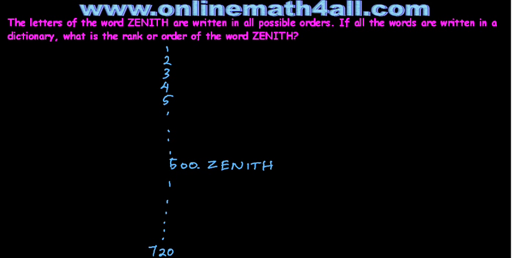A dictionary always lists words in alphabetical order, so we write all the 720 words in alphabetical order. When we write all the words in alphabetical order, where does the word zenith come? What is the position? If zenith comes at the place of 500, the rank or order of the word zenith is 500. In case it comes at the place of 400, the rank of the word zenith is 400.